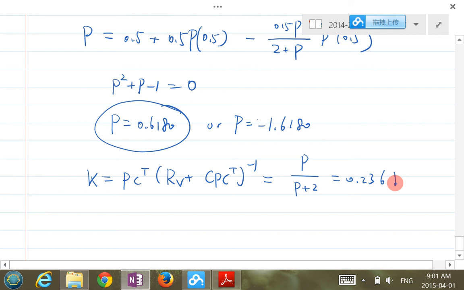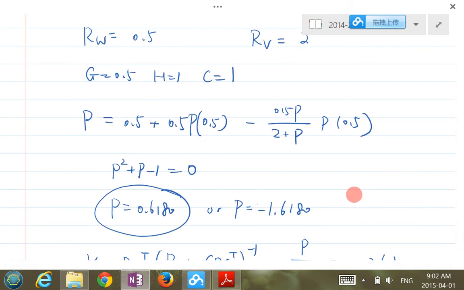So that's basically for steady state, given a very simple scalar system, or even a 2x2 system, you should be able to calculate using these two equations right here. Is that clear?